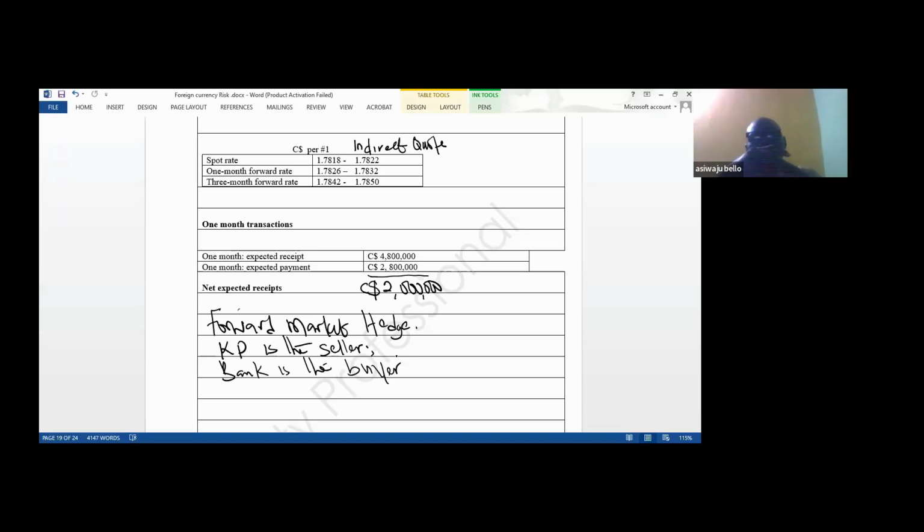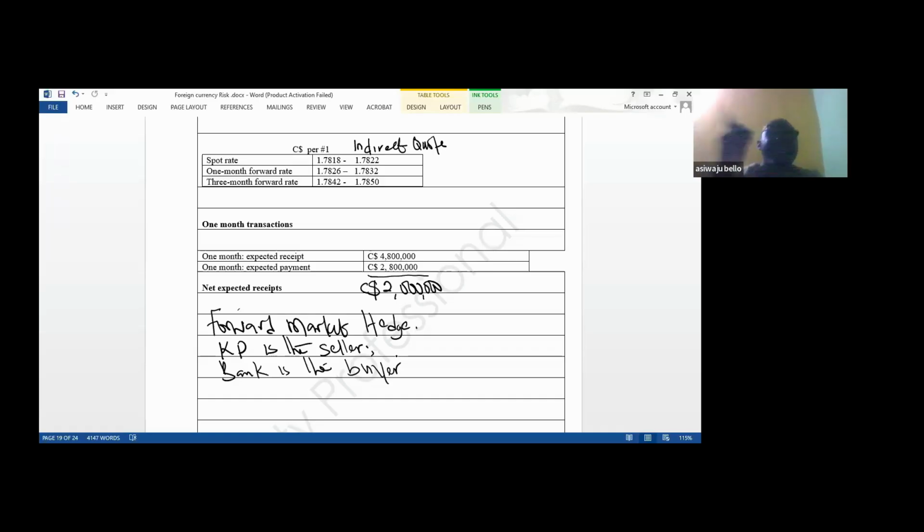That's not correct. At the higher rate. Thank you. For indirect quote, bank will buy currency at higher rates. While for direct quote, bank will buy at lower rates.